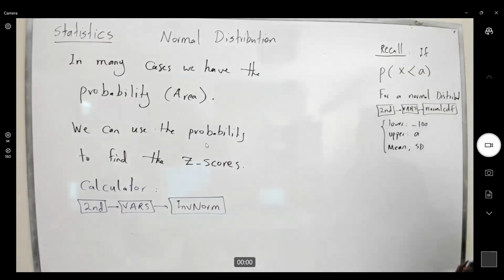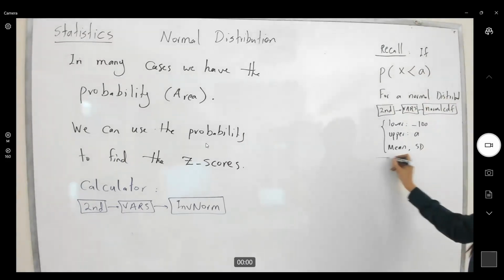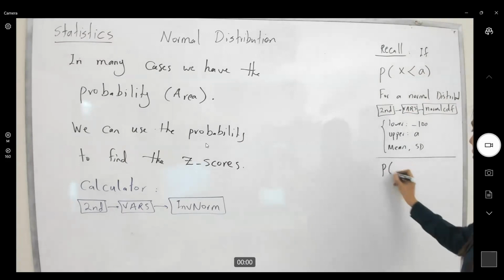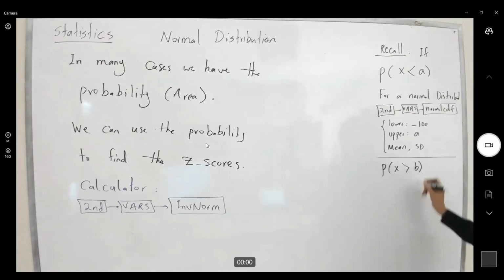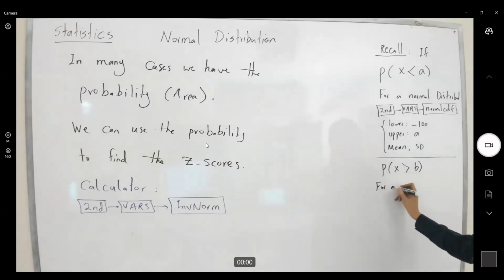If it says the probability that X is larger than B, you follow the same steps for a normal distribution.